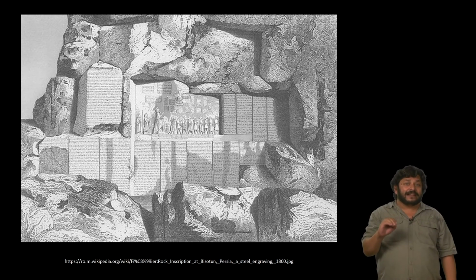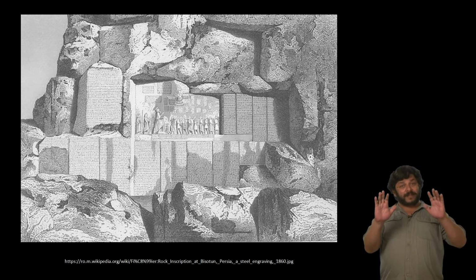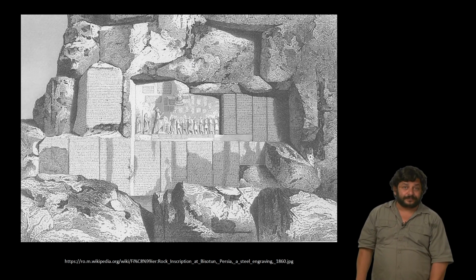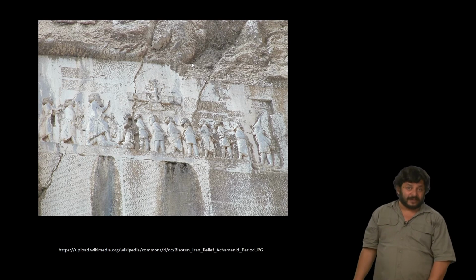It is unlikely that anybody actually read what was written, but the idea was that the royal word would be displayed prominently and people would know what it meant. And this is what this inscription, the Bisutun inscription, looks like in real life.